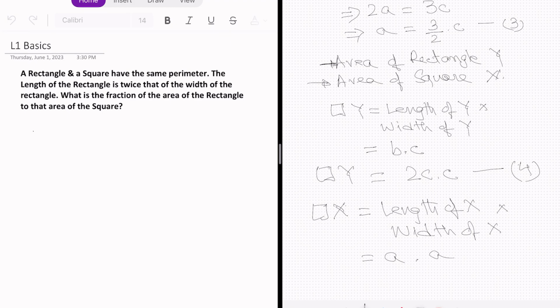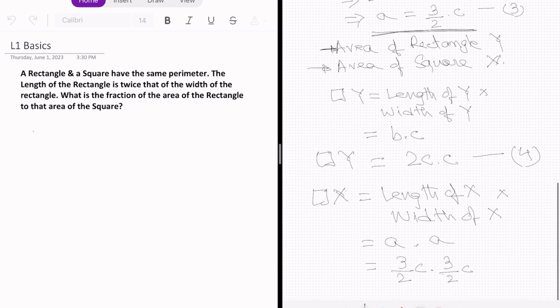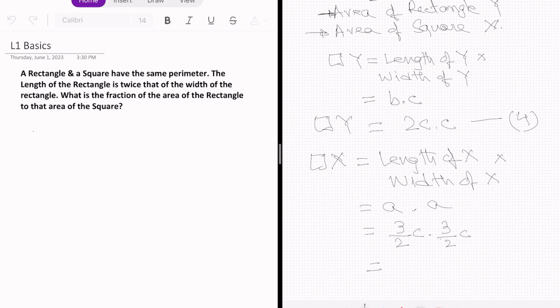So this is a multiplied by a. Can I simplify this? Yes. I know a from equation 3: a is 1.5 times c. So let me replace each of these a's with 3 by 2 c. This is 3 by 2 c multiplied by 3 by 2 c. If I simplify this, 3 times 3 is 9, over 2 times 2 is 4, into c into c. Let me mark this as 5.